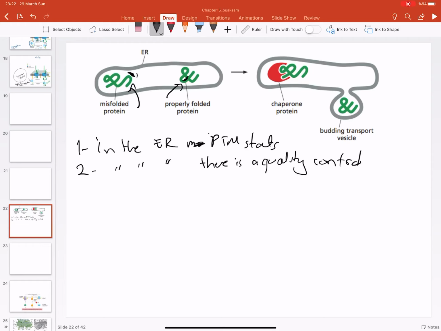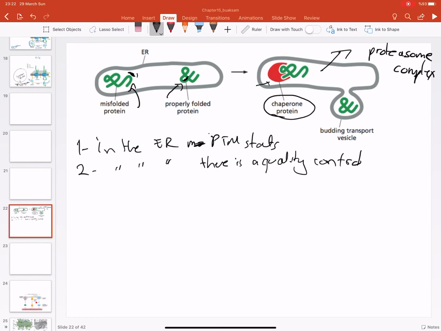So they are dangerous. So whenever there is a misfolded protein, the chaperone proteins help them to get the new shape. The chaperone proteins kind of push them to lose the shape and get the shape once again. So they're going to get the correct shape. And if they cannot get the correct shape for a long time, if it is tried and still not taking the correct shape, it's going to be pushed to the cytosol, and it's going to be degraded by the proteasome complex.